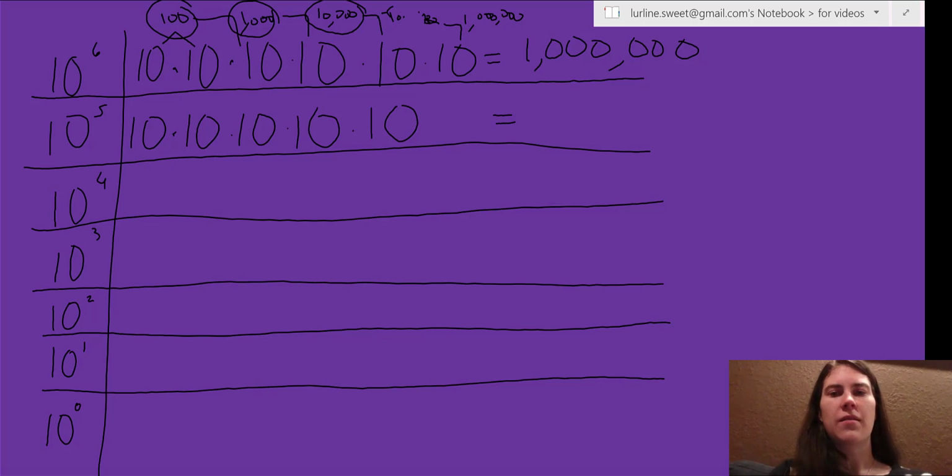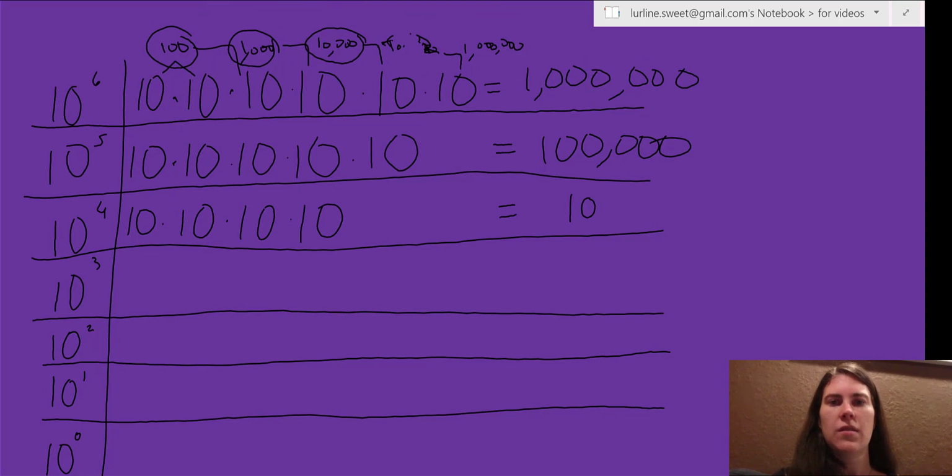Times 10 again is 100,000. All right, time for the next one. 10 to the 4th power is the base, 10, times itself 4 times. And that equals 10,000. Are you starting to see a pattern over here?